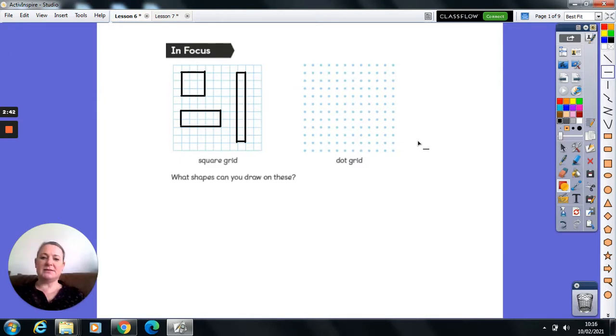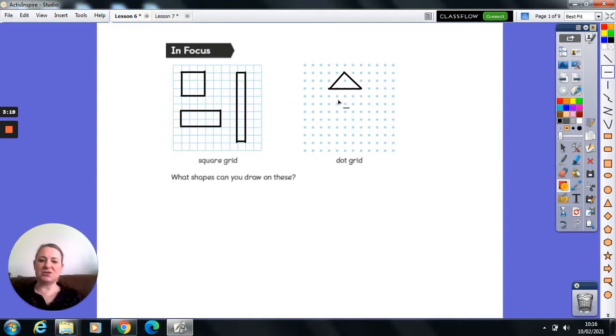What about dotty grids? Well, a dotty grid is ideal for drawing shapes such as a triangle, where you might have a line that comes down on what we call a diagonal. Okay, I'll show you what I mean by that. So if I use a spot to start on, I can cut across these 2 spots here, or dots I should say, across those 2 dots there, and join across here, and I have made a triangle.